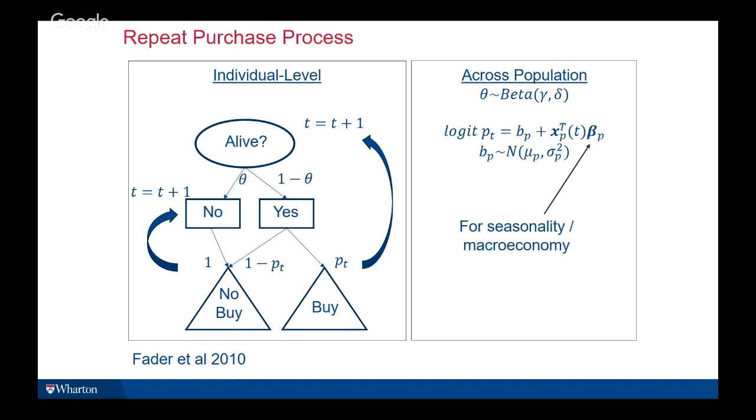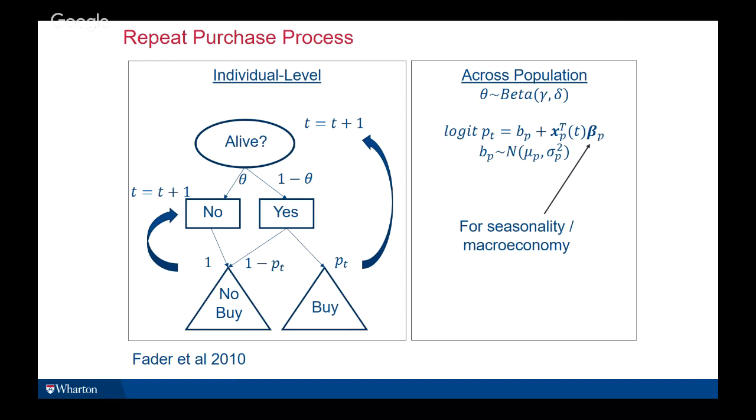In every period, it's as if I'm going to flip a coin. And if that coin comes up tails, I'm going to remain alive and have the opportunity to purchase. And that coin's probability is dictated by this theta that we see in the upper right-hand side of the slide. Assuming that I'm alive, I've got the opportunity to make a purchase, and that purchase is going to be dictated by this p(t) that we see.